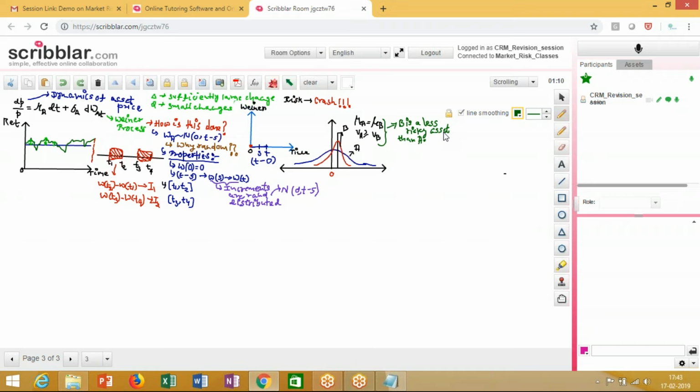Okay. So now obviously one thing that we can clearly see is that the factors where the volatility of the returns are higher make it a riskier asset.